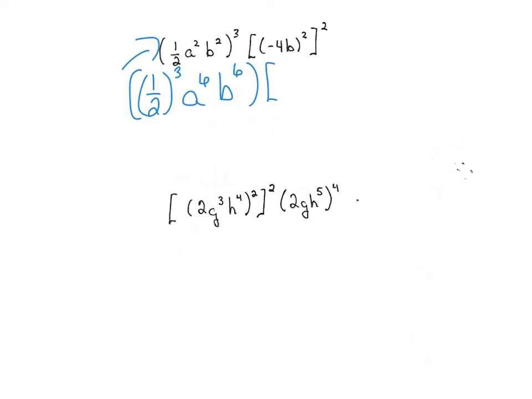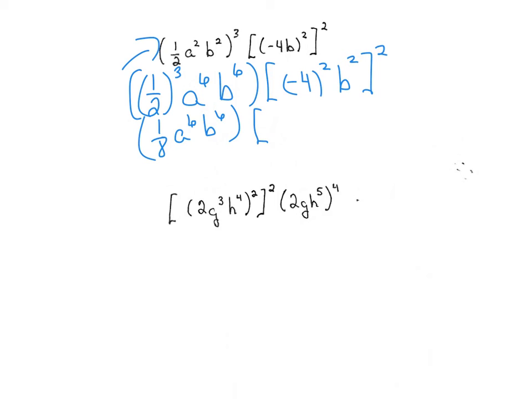And then we're going to have -4 squared, b squared, and all of that is squared. So 1/2 cubed is 1/8, a to the 6th, b to the 6th. You cube the numerator, 1 cubed is 1. You cube the denominator, 2 cubed is 8.